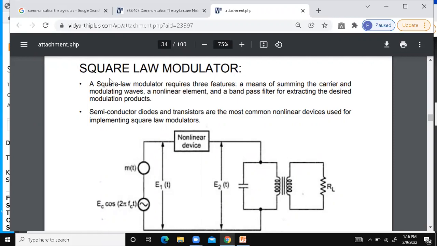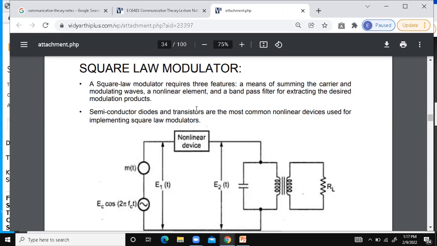So we are saying a square law modulator requires three features: a means of summing those two, a nonlinear element, and a bandpass filter for the desired modulation product. Okay.